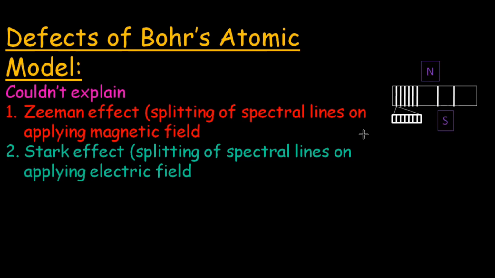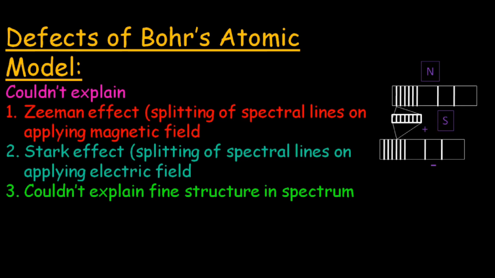Secondly, Bohr didn't explain the Stark effect, which is the splitting of the same spectral lines into fine lines while applying an external electric field. Thirdly, Bohr didn't explain the fine structure in spectrum. When the spectra of the hydrogen atom is studied under a high resolution power spectrometer, the spectral lines split up into several lines.